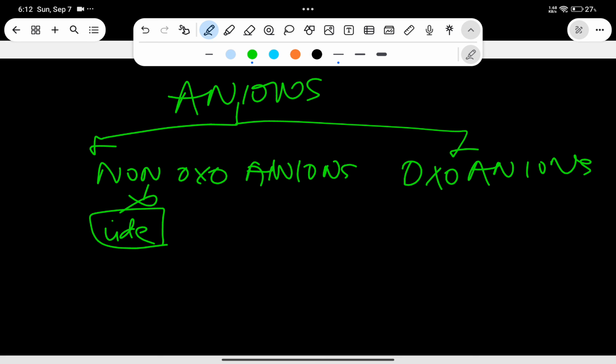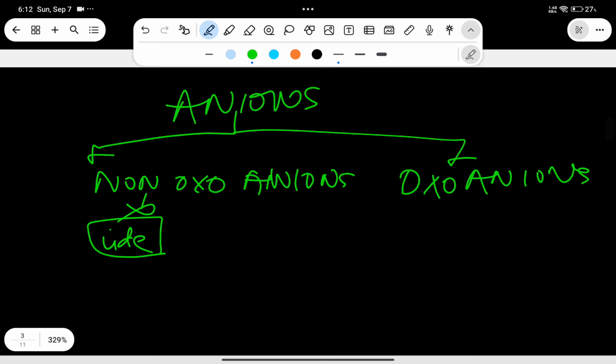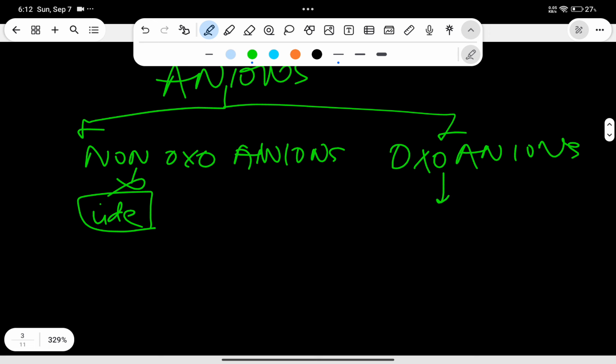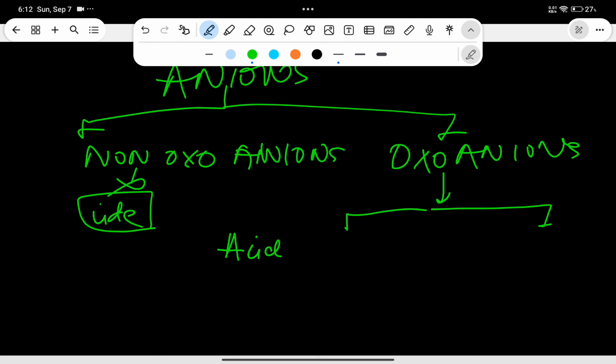For oxo anions, we have to look into 2 things, which are acid. Oxo anions are obviously derived from some acids, oxyacids. Which type of acids? They are derived from oxyacids.